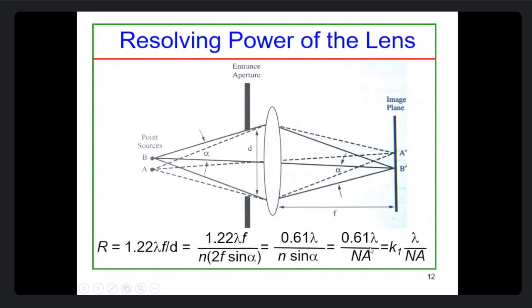That is proportional to lambda by NA, where NA is the numerical aperture of the lens, which is nothing but n sine alpha, and it comes from the simple geometrical treatment from here to here.